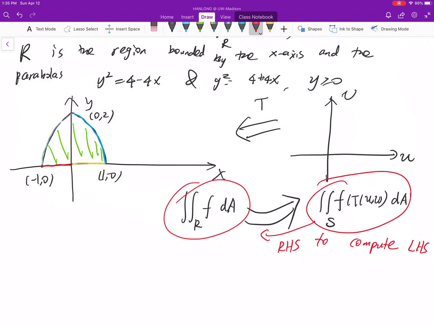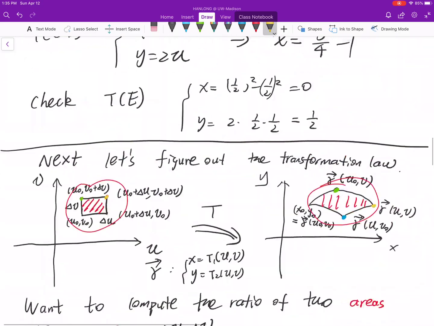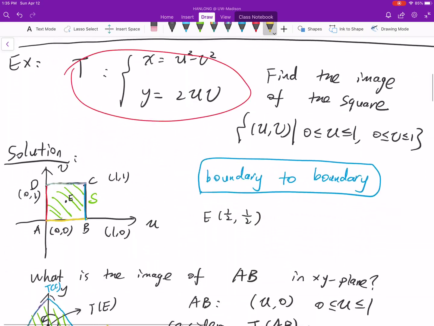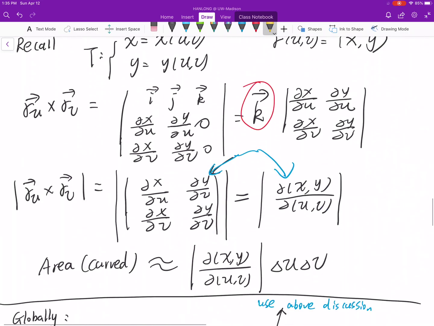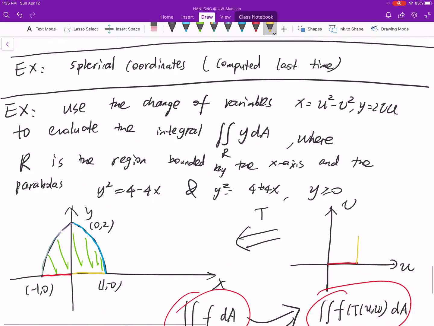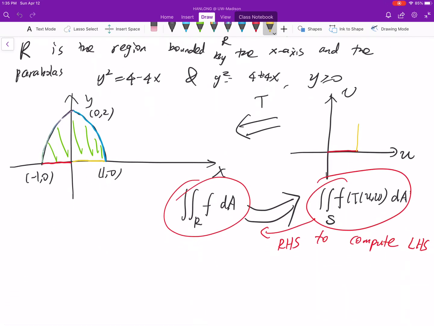Okay, and then you can determine piece by piece, the same as before, the inverse image of this one. So just like the first case. So you have the red one, yellow one, blue one.